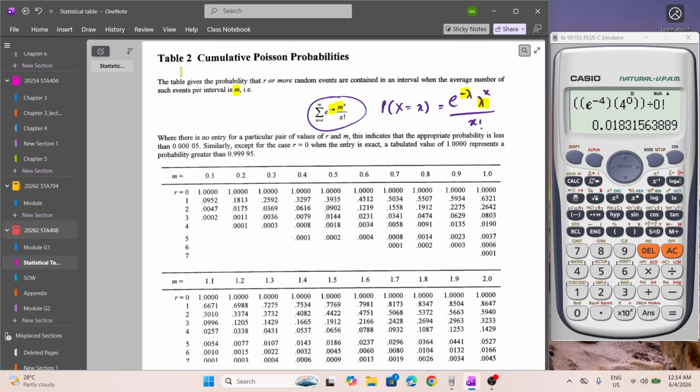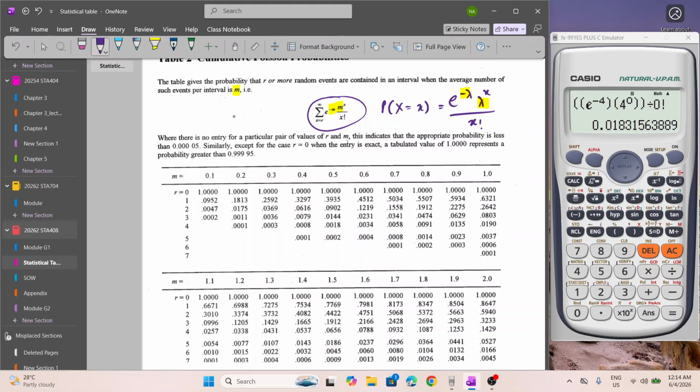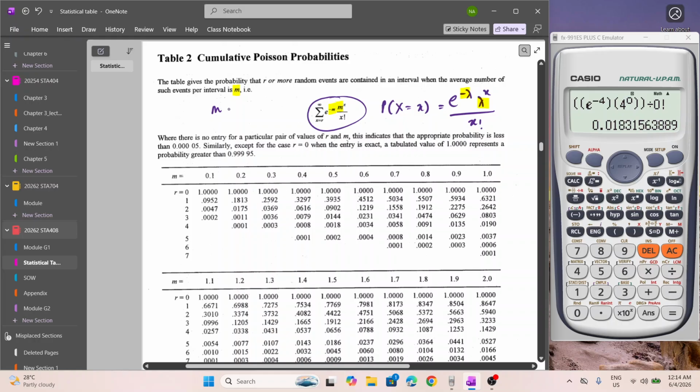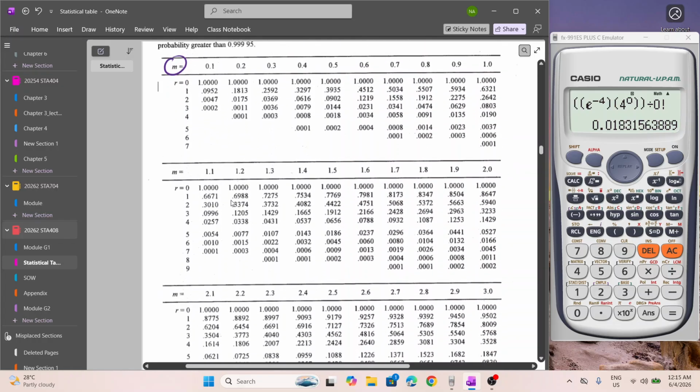Therefore we can say that m here is equal to lambda. First, you need to find the m or lambda value for our case.